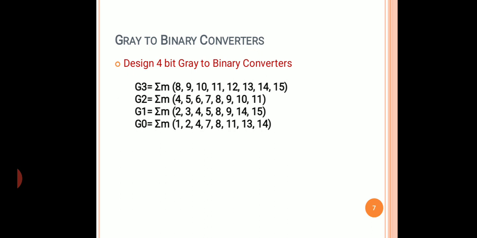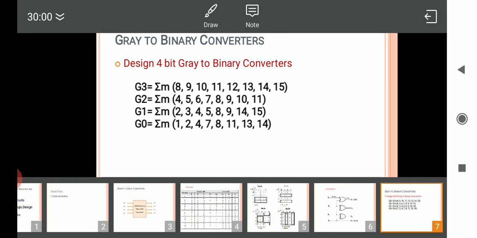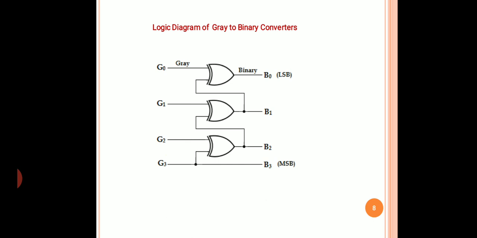How many bits will you require to represent 15? It is 4 bits, and the input is also having 4 bits. That's why we will solve the 4 variable K-map, and the expression we obtain will be implemented by using the logic gates.